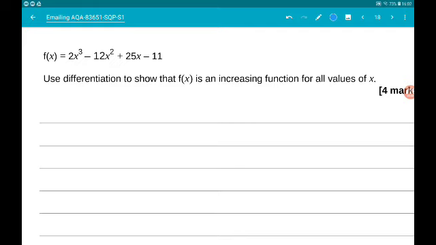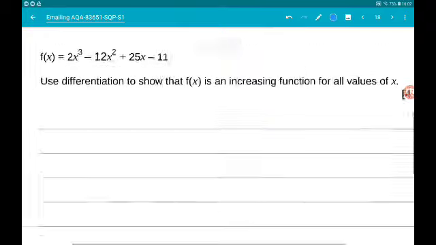f of x is 2x cubed minus 12x squared plus 25x minus 11. We want to use differentiation to prove f of x is an increasing function for all values of x. So, what that means is, if f of x is an increasing function, then the gradient is always positive.